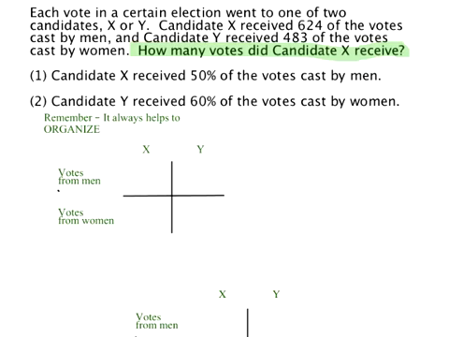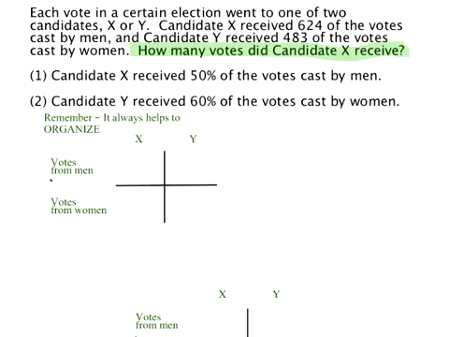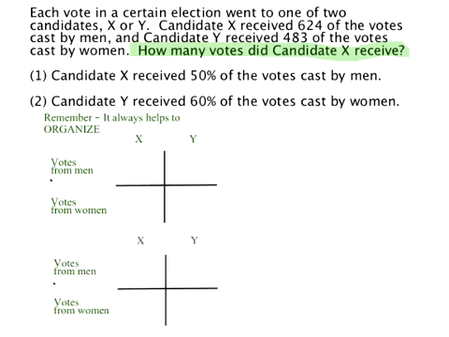Why should we make 2 charts? Maybe it sounds like a stupid question, but why? Chat box. What's the point of making 2 of those charts? Anybody? Why am I making this chart twice, and not just once?